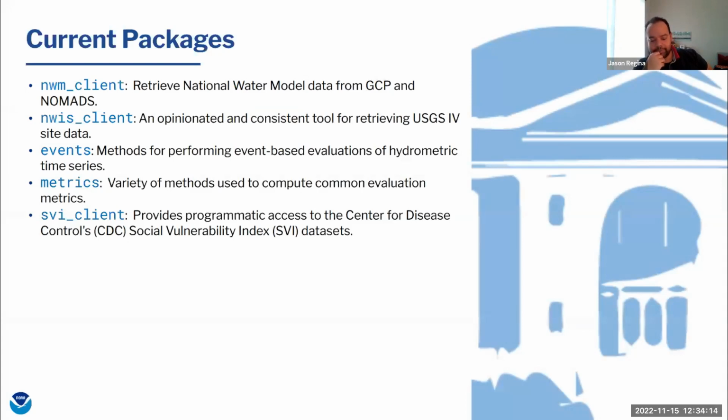We also have a few signal processing methods, which I'll demonstrate shortly, and a variety of evaluation metrics in a metrics package. And then recently, thanks to Austin's hard work, we have a client to start incorporating social vulnerability indices into evaluations. This client also retrieves that type of data from the CDC endpoint in the canonical format that we use.